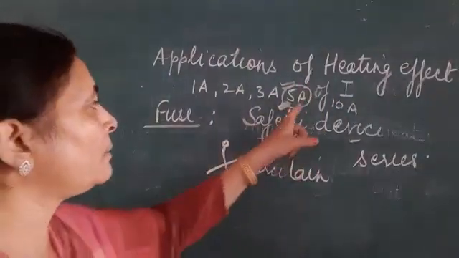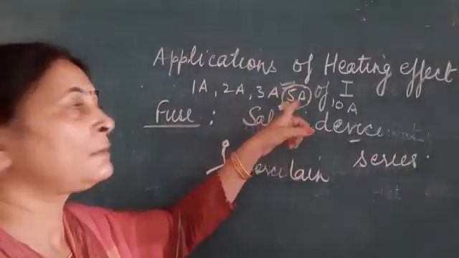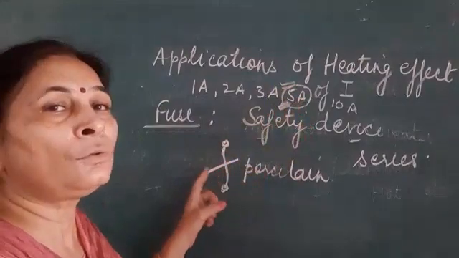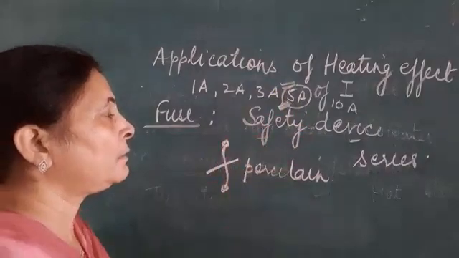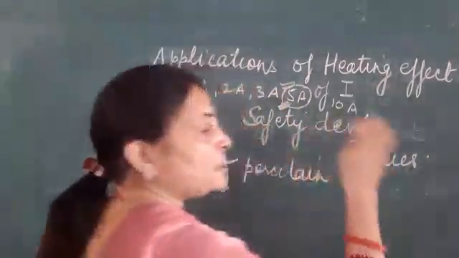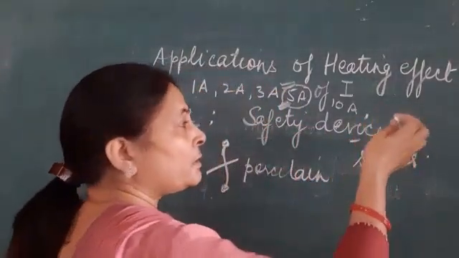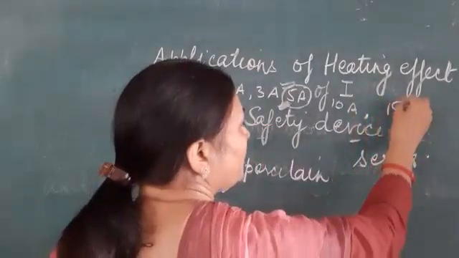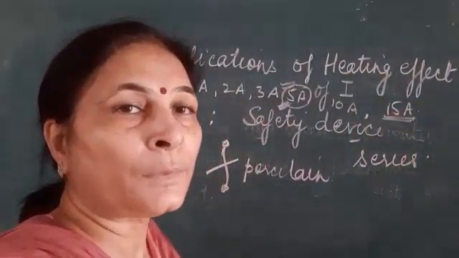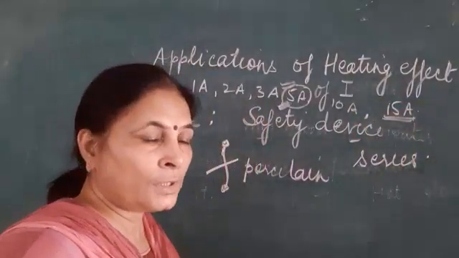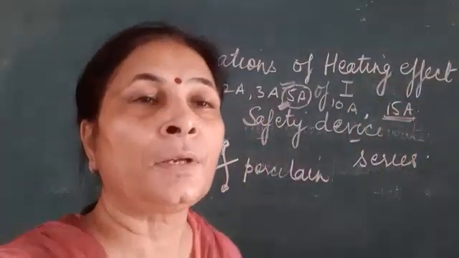So if current more than 5 ampere is going to flow in a normal circuit, the fuse wire is going to break. And for heaters and all, we use different types of switches through which more current passes. Most of the time 15 ampere current is also there. So depending upon 15 ampere, the fuse will have that particular value. So this is all about the heating effect of electric current.